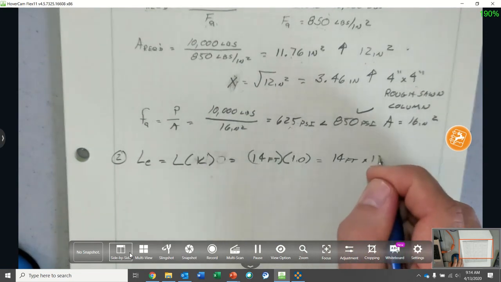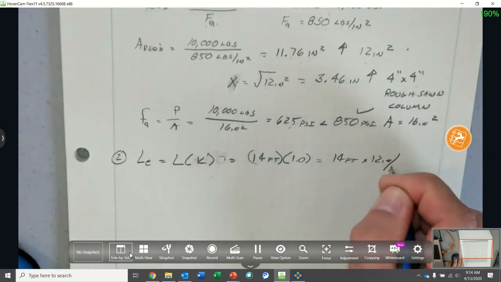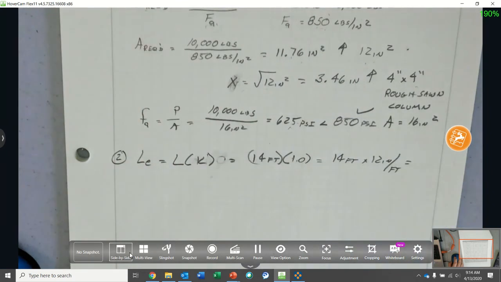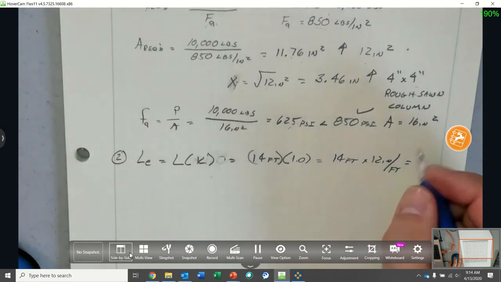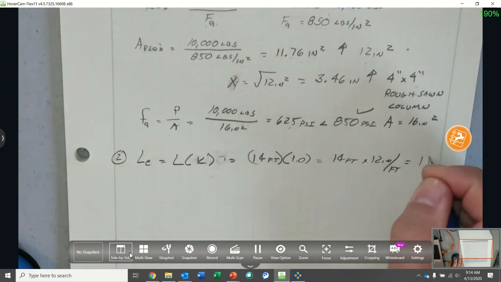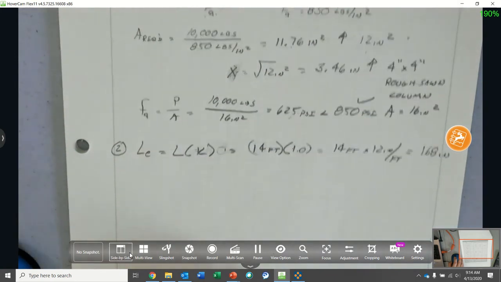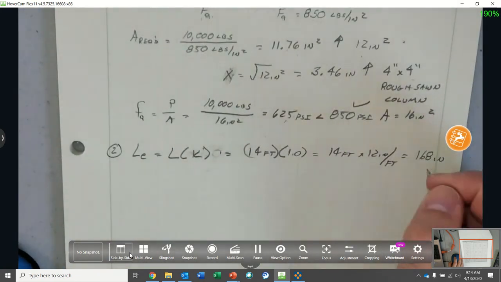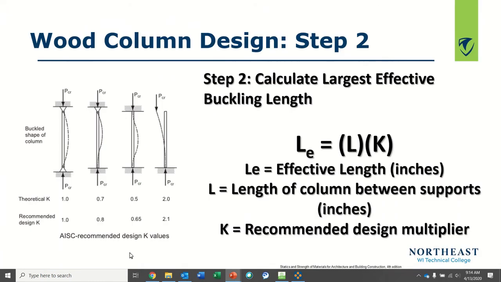Might as well get this in inches: 14 times 12 inches per foot equals 168 inches. This is my effective length. Because the problem said it's pinned, and this is typically the worst case scenario.